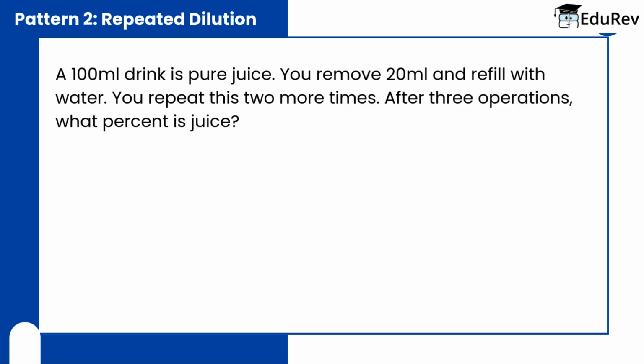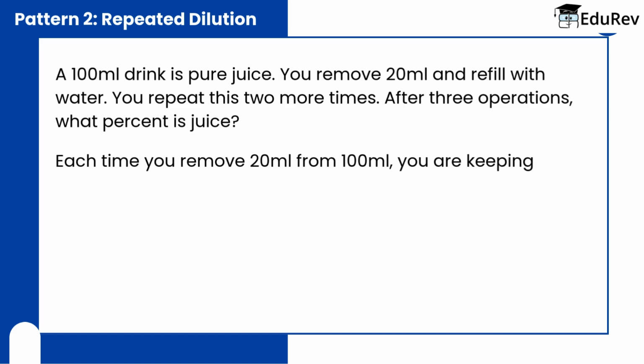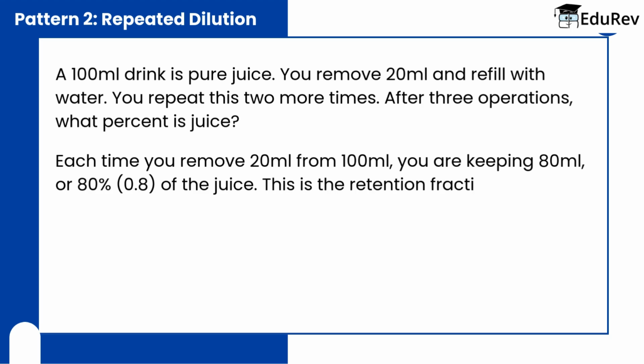The solution is, each time you remove 20 milliliters from 100 milliliters, you are keeping 80 milliliters or 80%, 0.8 of the juice. This is the retention fraction. You do this 3 times.